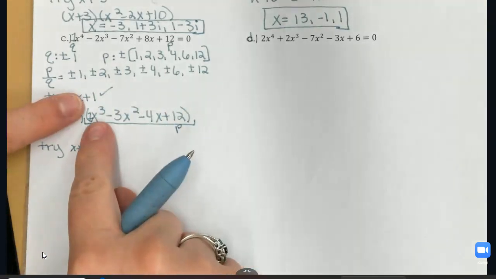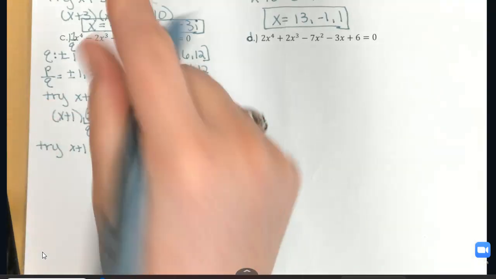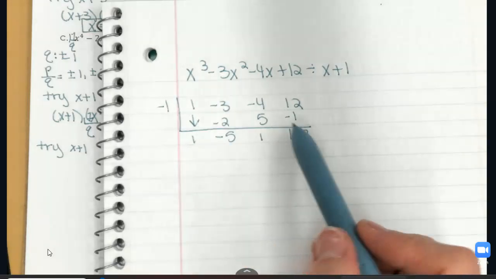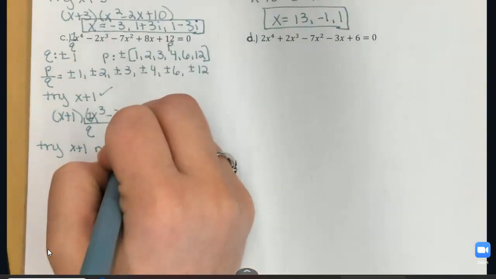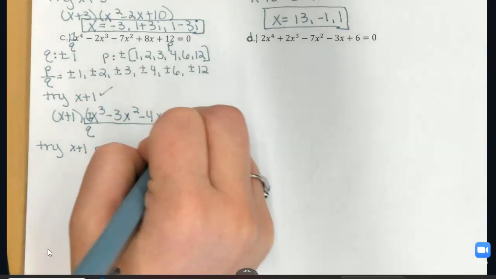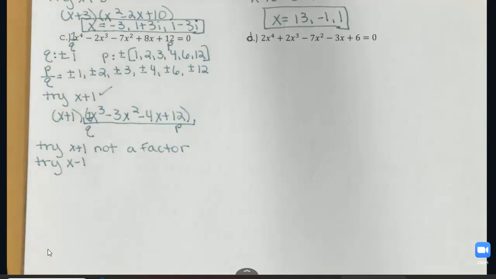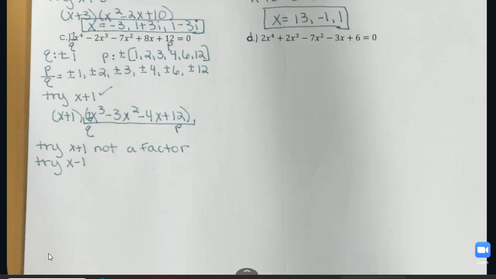But recall, we are now dividing x cubed minus 3x squared minus 4x plus 12, not our original polynomial. Okay, here is my work. I got a remainder that's not 0, so that one is not a factor. So I am going to move on to x minus 1. Okay, that one is also not a factor.